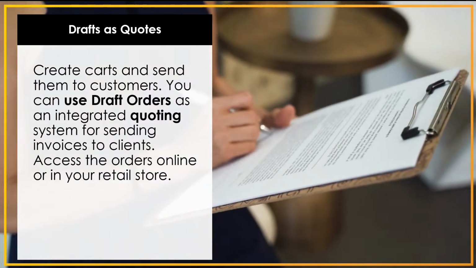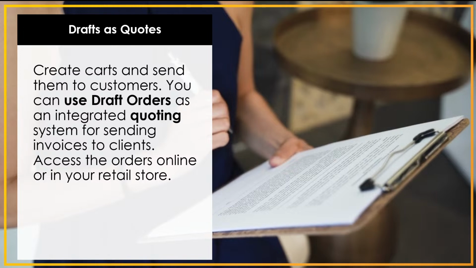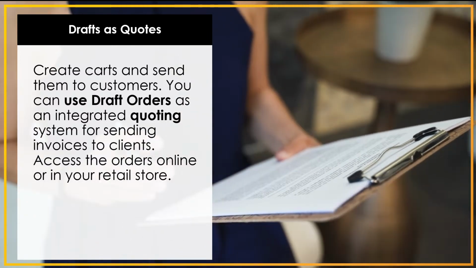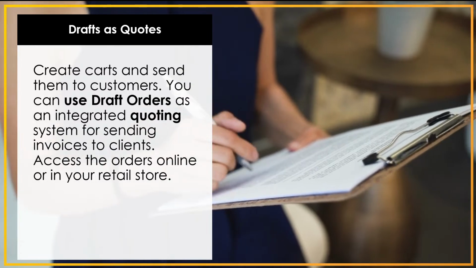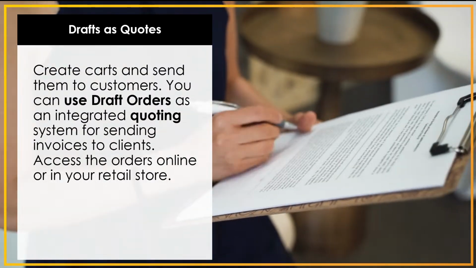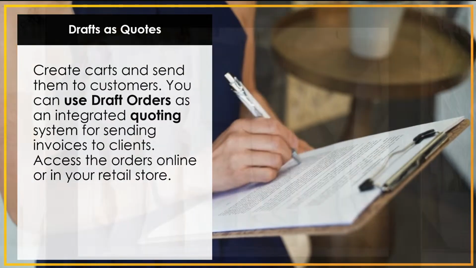There's a great system inside of the POS for creating draft orders to support and manage this. A lot of businesses use this as a quote system, to generate a quote for somebody and then email it to them. So let's talk about doing that and what that looks like.